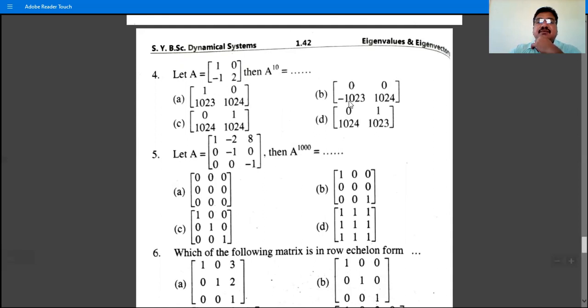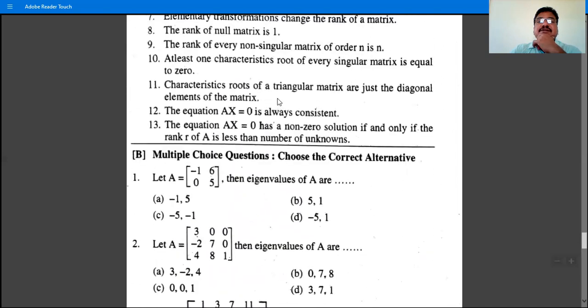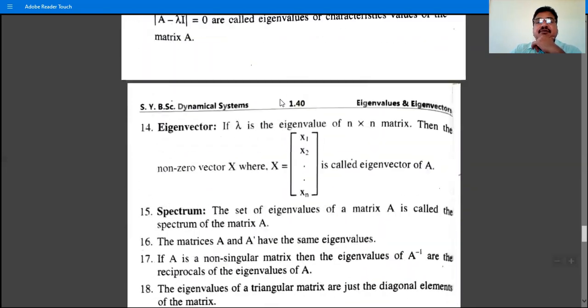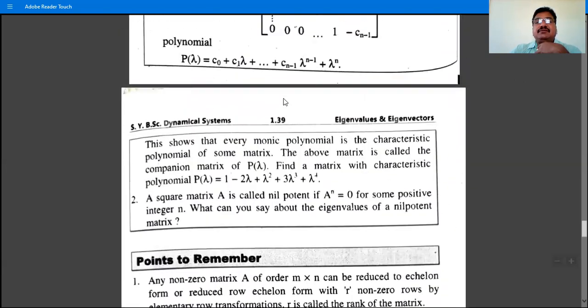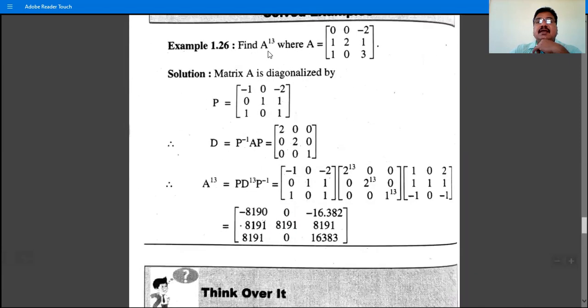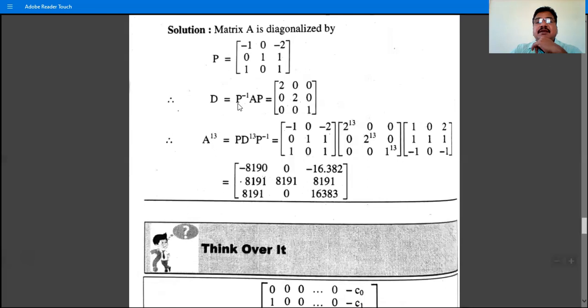By using this procedure, we have to find A raised to 10. So find first P, then write P inverse A P as D, and then A raised to 10 is P D raised to 10 P inverse.